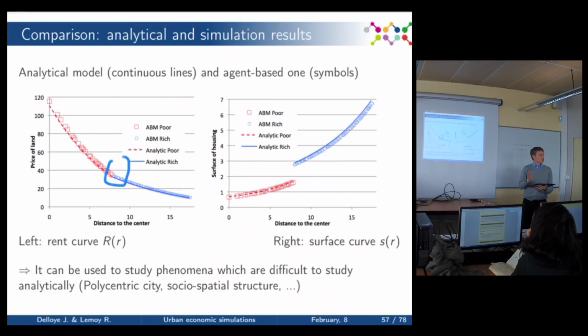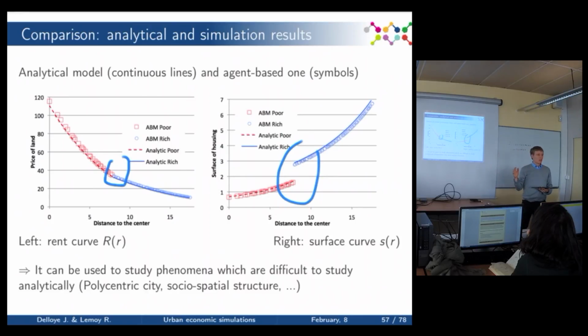Because of this competition, just like at the outskirts of the city, the competition between housing and agriculture makes the agricultural rent and the rent at the fringe of the city equal. You have an equal rent between the two income groups. But there is here a jump of the housing surfaces. So this is just the inverse of the density function.